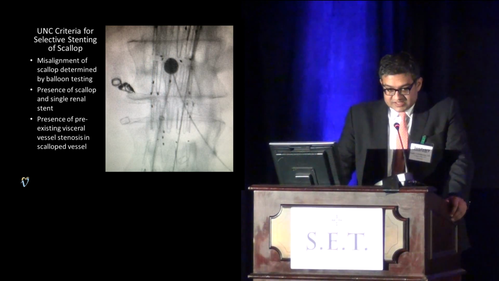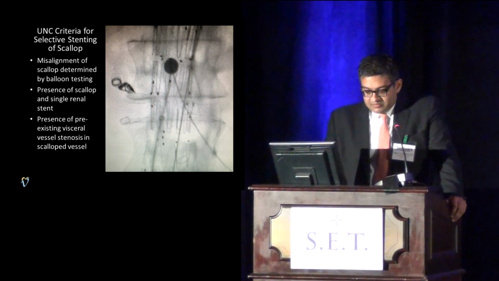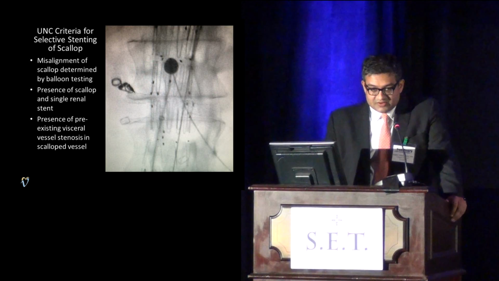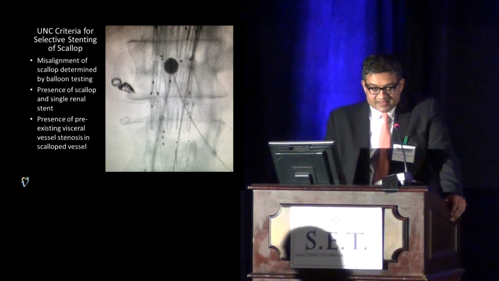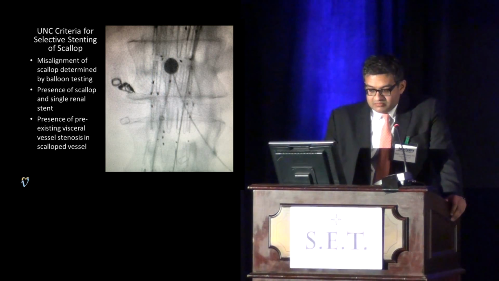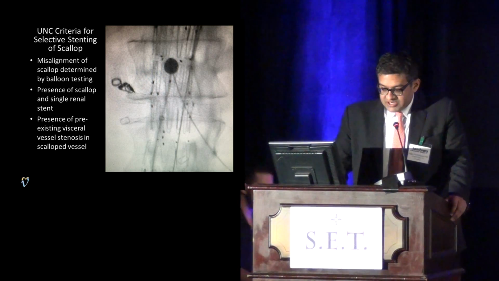Other indications for stenting scallops are pre-existing visceral vessel stenosis as well as just one single fenestration, so there is more lined up anatomy as well as less mobility and chance of migration.